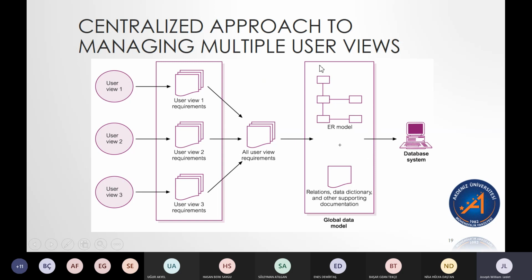Okay, we'll talk about what an ER model is in future weeks, but if you know UML, ER is kind of like a UML. All right. So we create our ER model and our other supporting documentation, and then that results in our database system. Okay, so we take our requirements, build them all into one overall set of requirements, build our design off of that. And so that's one approach.